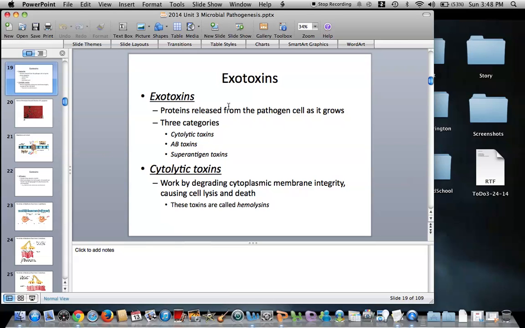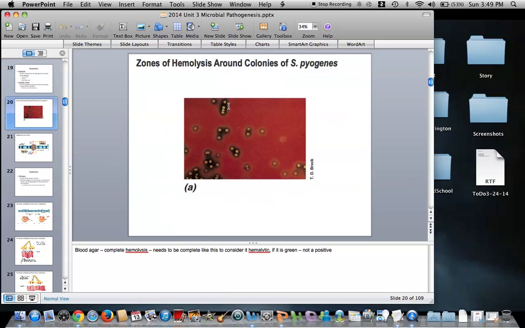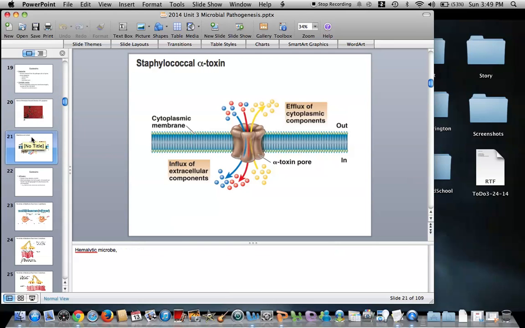Cytolytic works by degrading cytoplasmic membrane integrity, causing cell lysis and death. These toxins are called hemolysins. So, yeah, pretty much what I thought. And so this is a blood agar plate that's got clearing zones around Pyogenes. If it's completely clear, then it's positive.